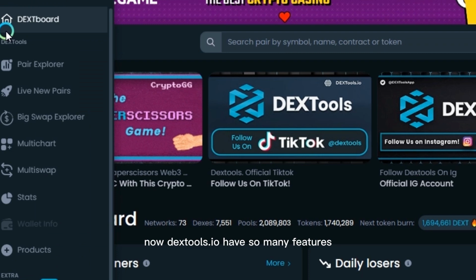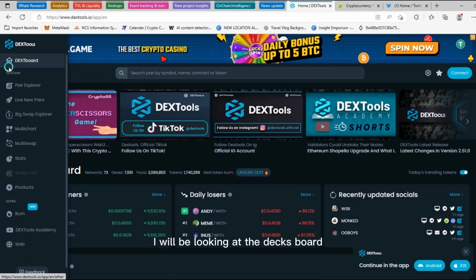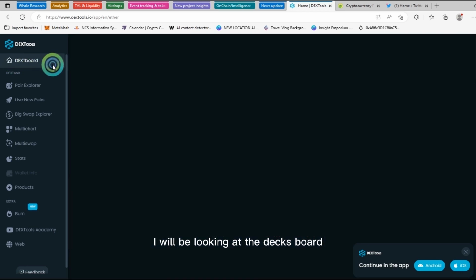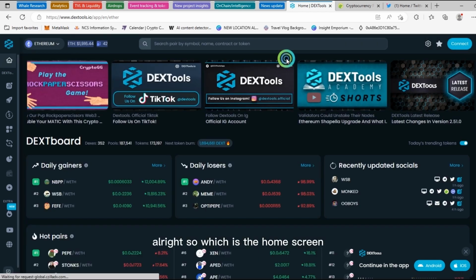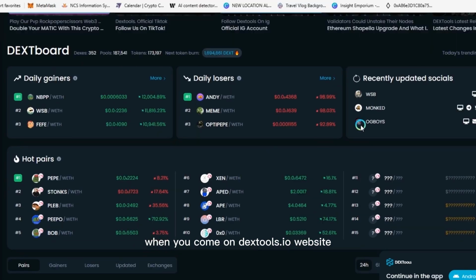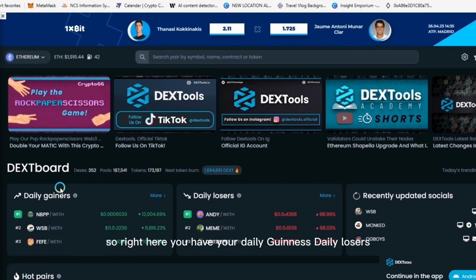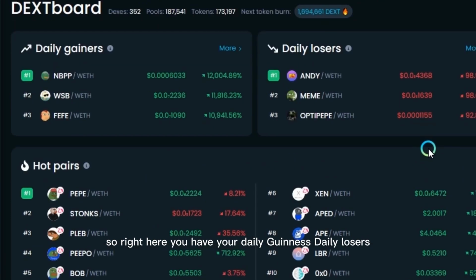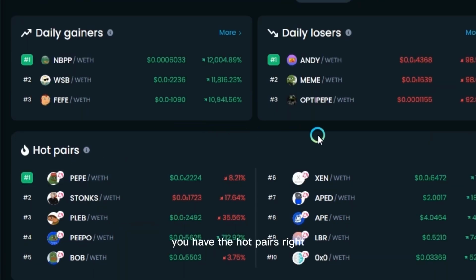Dextools.io actually has so many features, but we won't be going through them all. We'll be looking at the Dex board, which is the home screen when you come on the dextools.io website. Right here you have your daily gainers, daily losers, and the hot pairs, and you're seeing their price and their price value on a 24 hour basis.